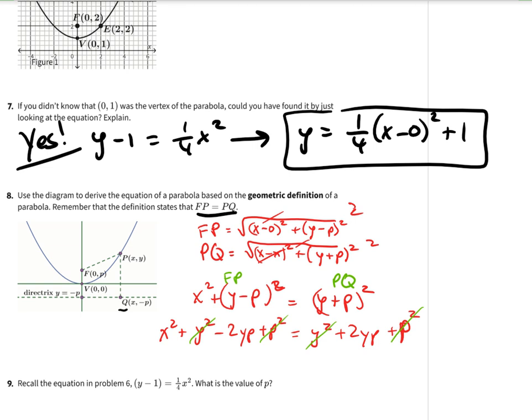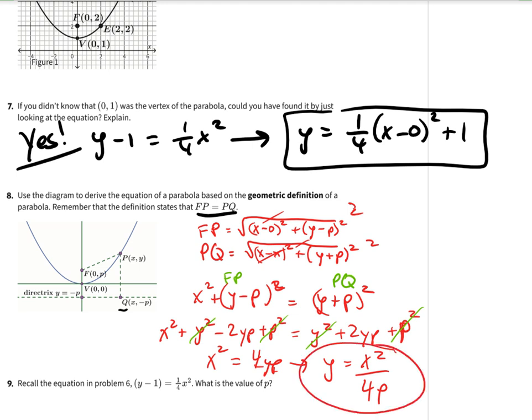And we get x squared equals 4yp, or we can shift this over, divide both sides, and say y is equal to x squared over 4p. So that's where that shortcut comes from.